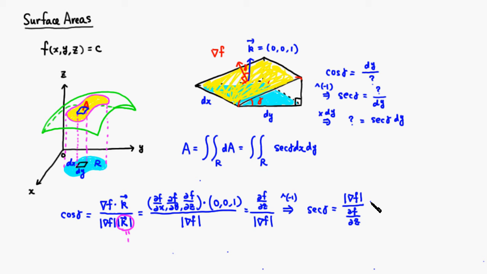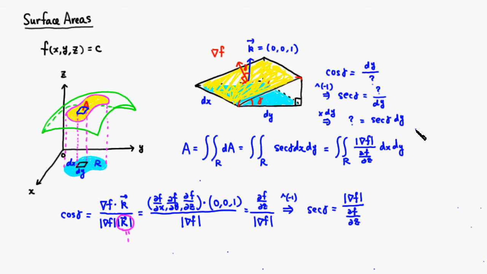So we can write this as the integral over the region R of the magnitude of the gradient of f over the partial of f with respect to z, dx dy. That gives us the surface area in general form.